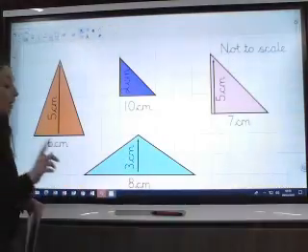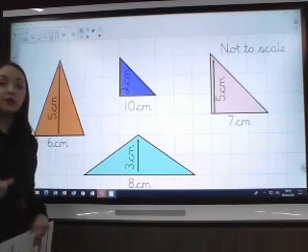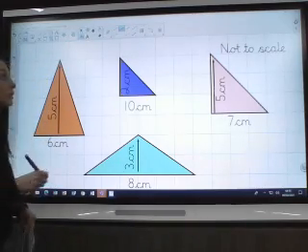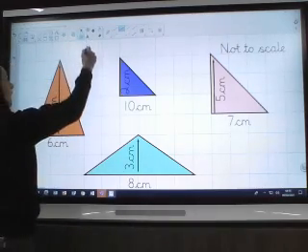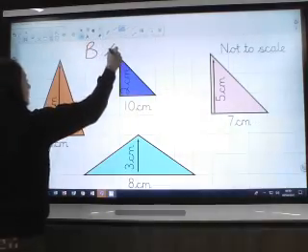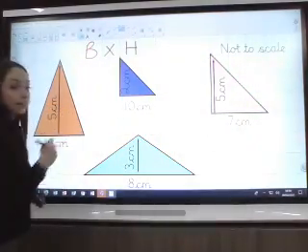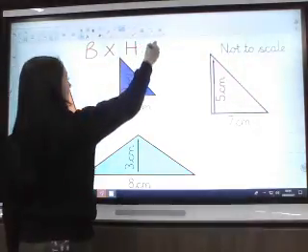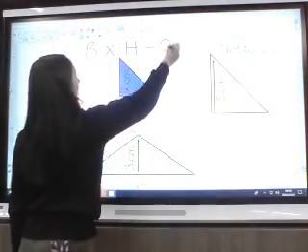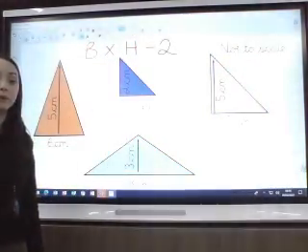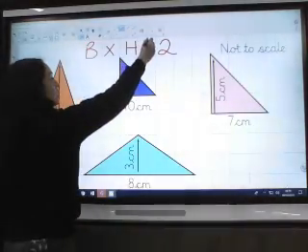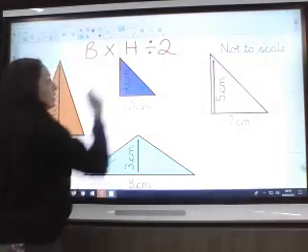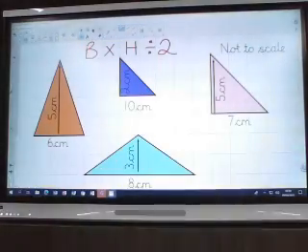So remember, the formula for finding the area of a triangle is multiply the base by the height, okay, and then divide by 2. That's a really important part. We've got to remember to divide by 2, okay? So let's have a look together then.